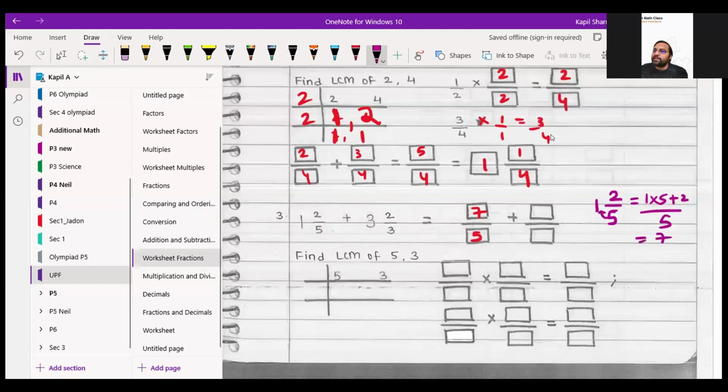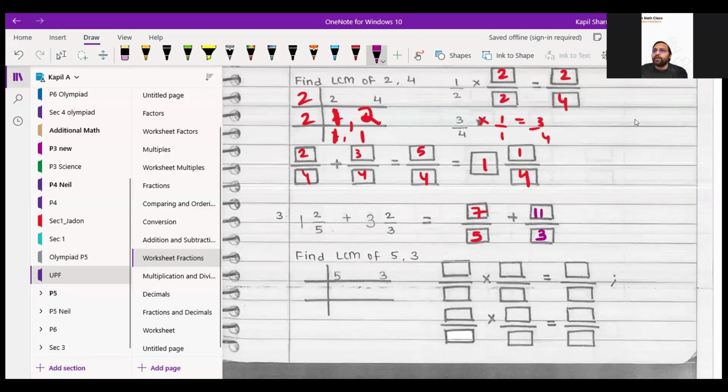So this is basically 7 upon 5. Okay, Parth. Right? Similarly, the second fraction would be 11 upon, yeah, correct.